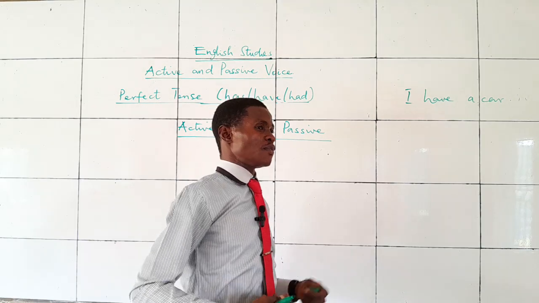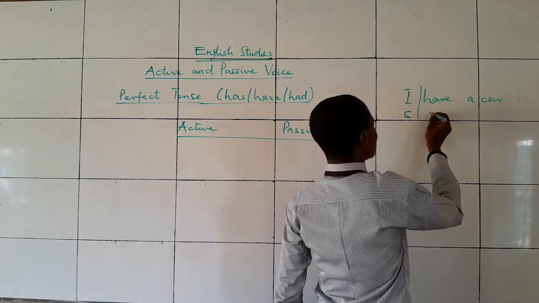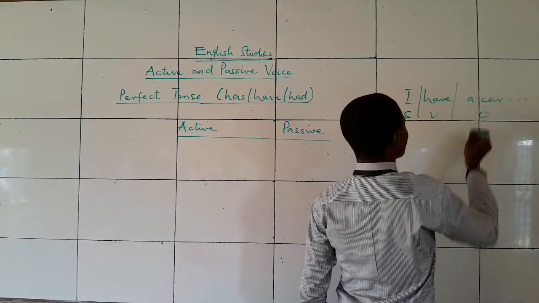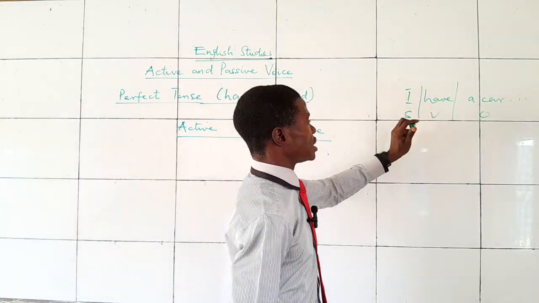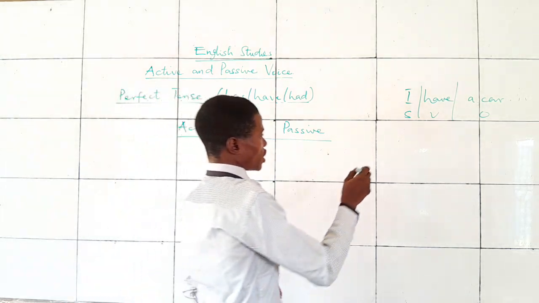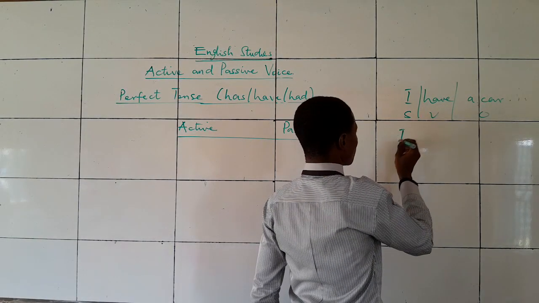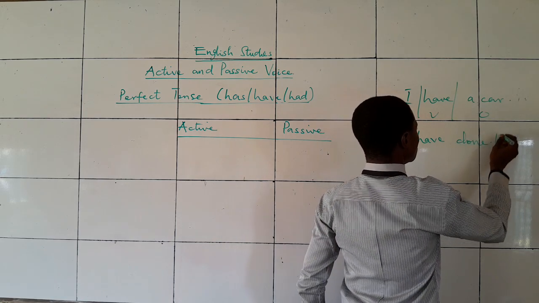I have a car. In fact, this will be a simple tense. Subject, verb, and a car, object. Are we together now? Now, this one is not like the one we are talking about. But if you have this one, I have done the work.